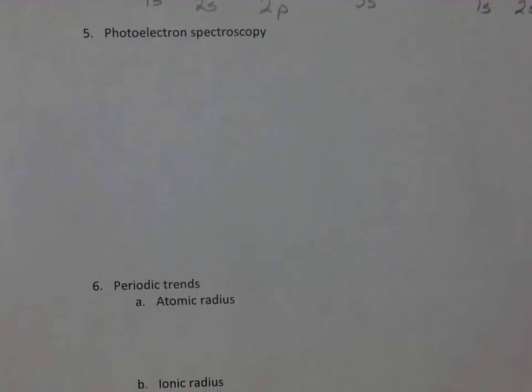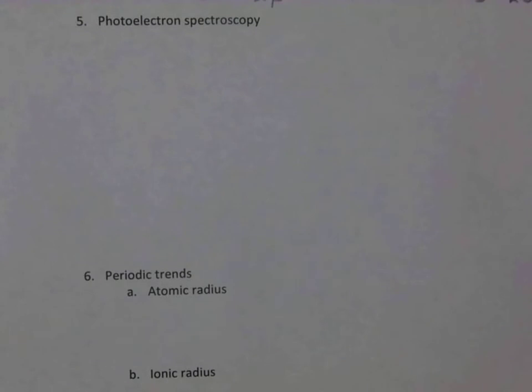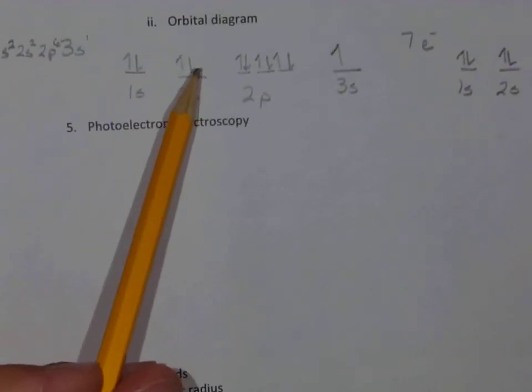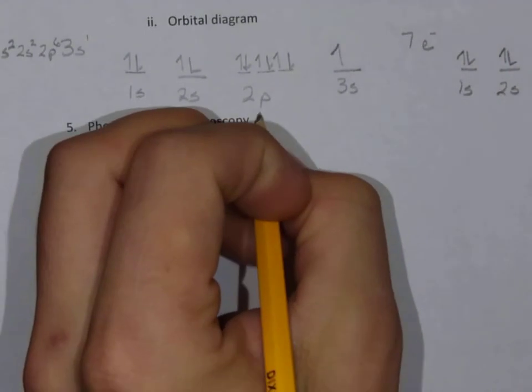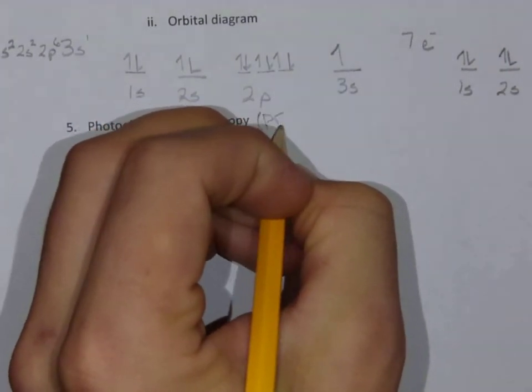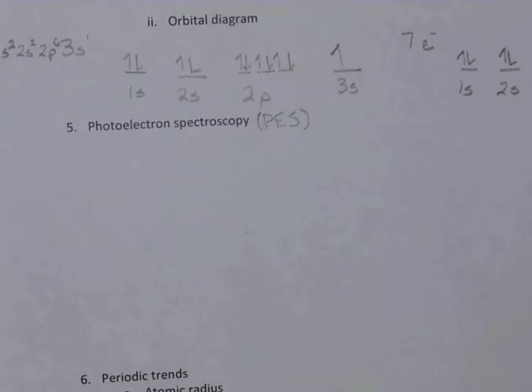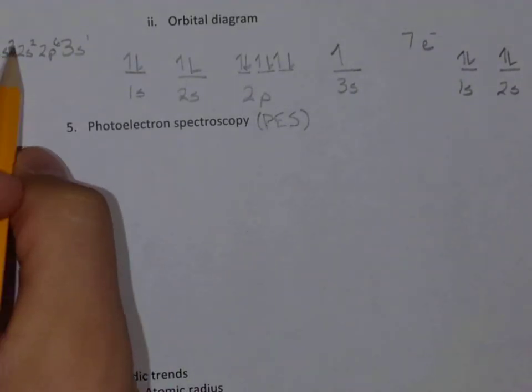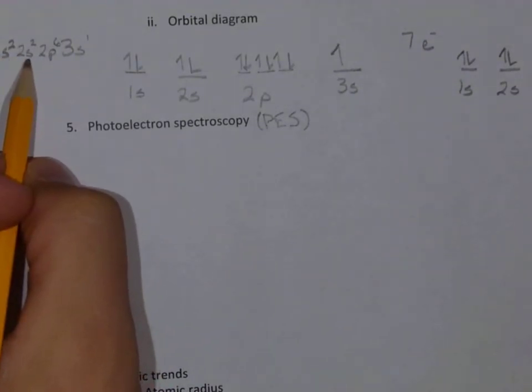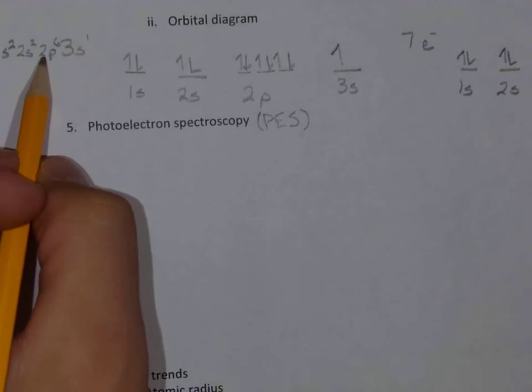So what is photoelectron spectroscopy? Photoelectron spectroscopy is basically just an experimental technique that really tells us about our orbital diagram. We're going to say that it's PES, and it is really what tells us that we have this splitting of orbitals, where the 2s orbital is slightly lower in energy than the 2p orbital.